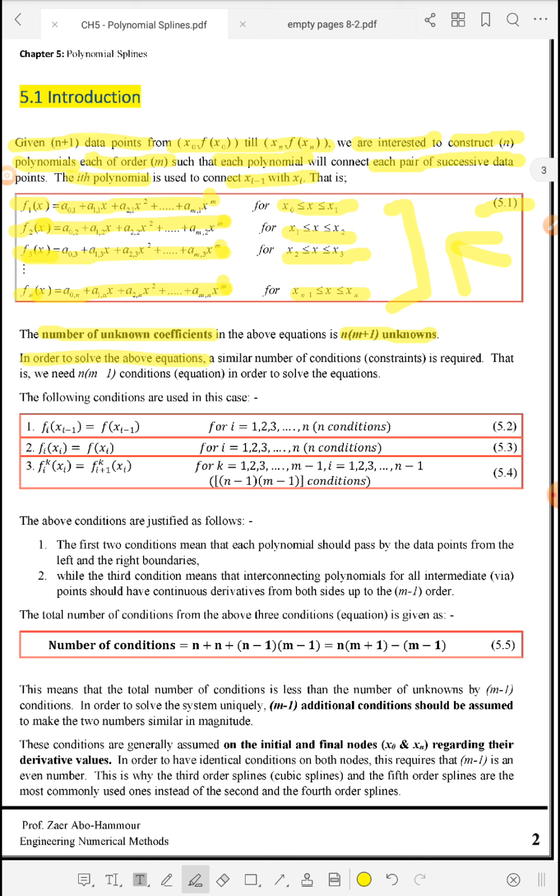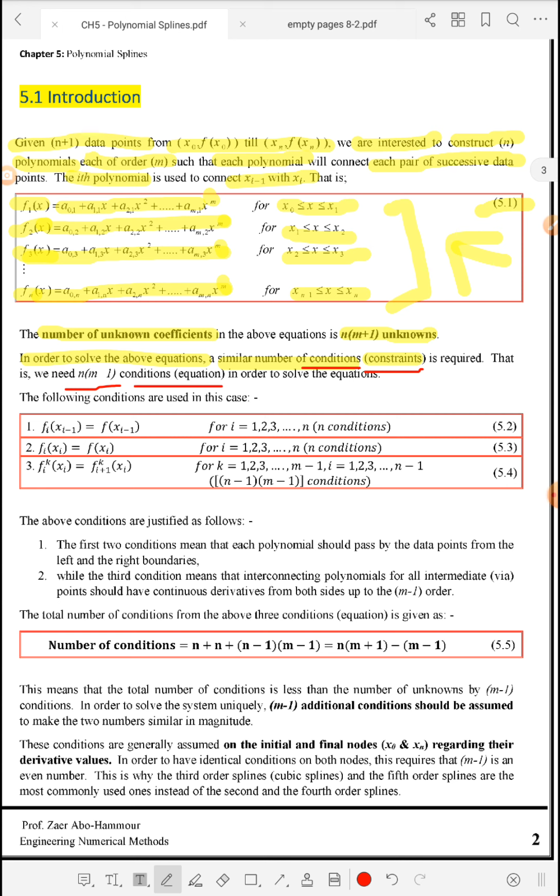How can we solve? We should get a similar number of conditions, or constraints, or equations. In order to solve those n multiplied by m plus 1 unknown coefficients, we should generate a number of conditions, which is a number of constraints, which is the number of equations, of a similar number, that is n multiplied by m plus 1.